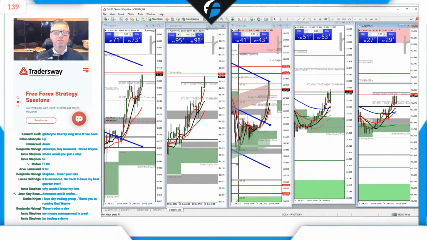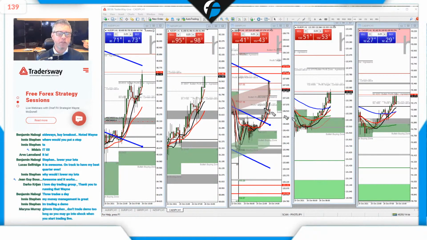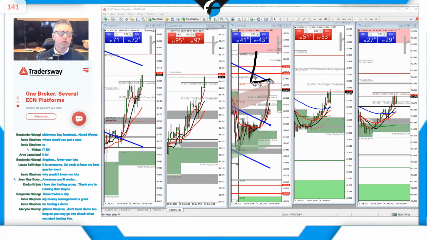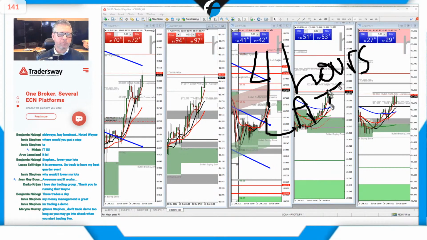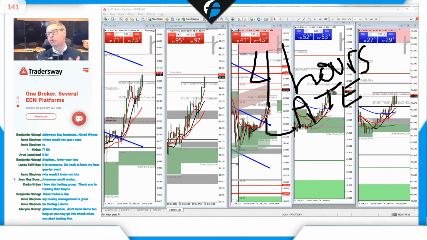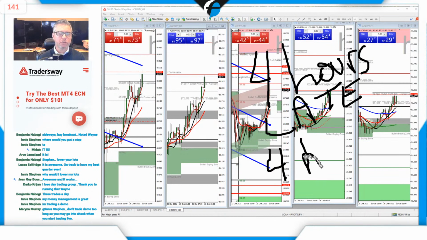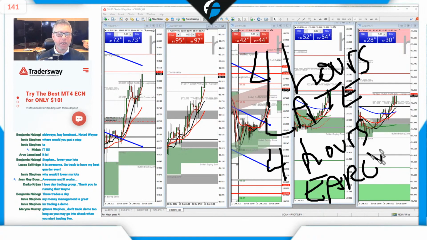My guess, if you're day trading or intraday trading and you need more than 33 pips, is that, let's say, you're either 4 hours late and you're buying after a big green candle, or you're 4 hours early, which means you're probably buying a big green candle at the end of the day.